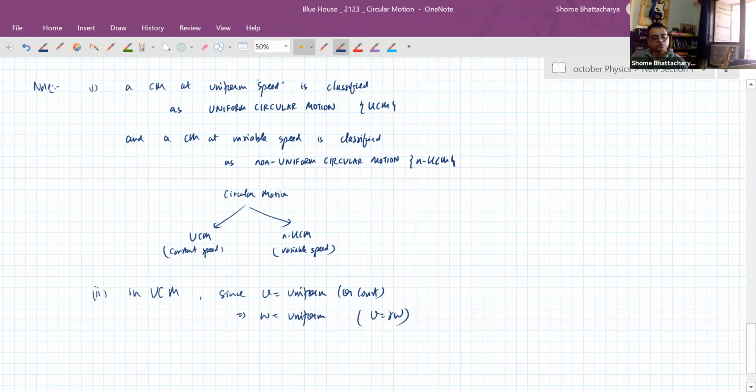So if V is constant, then omega is also constant, which means alpha is 0, because alpha is d omega by dt. Whereas in non-uniform circular motion, V is variable. So it means that omega is also variable, which means that angular acceleration alpha should be non-zero.